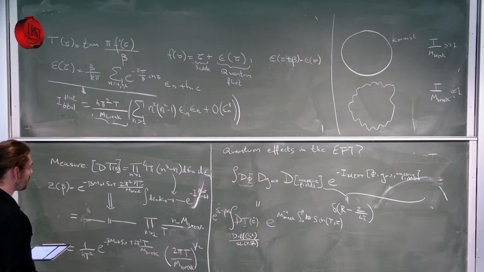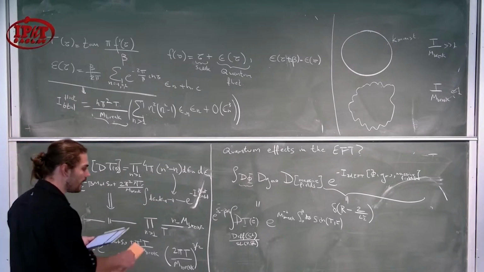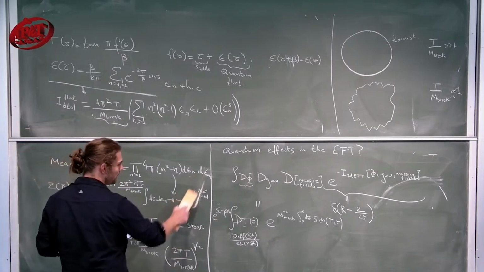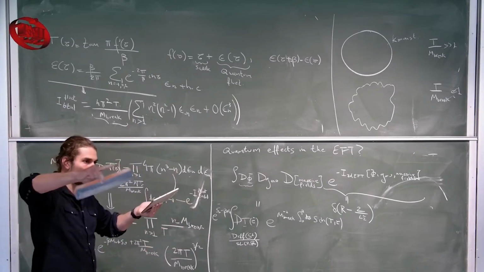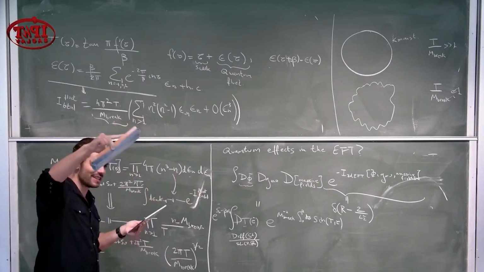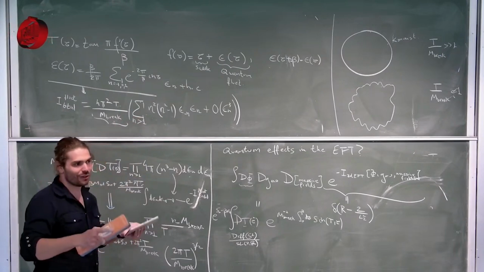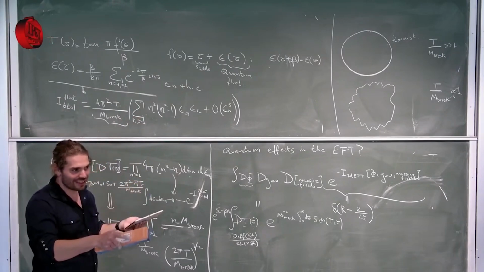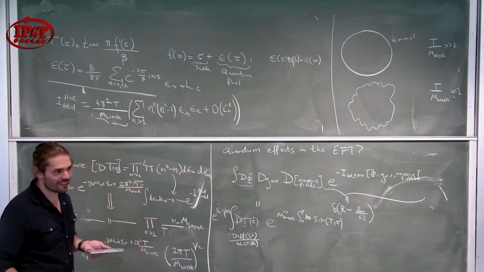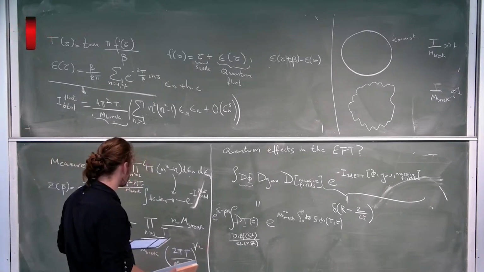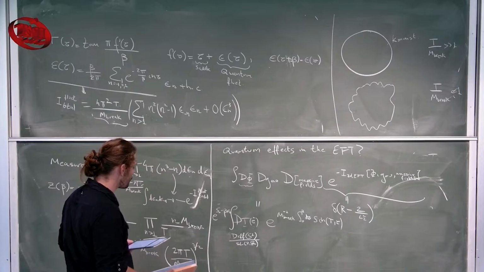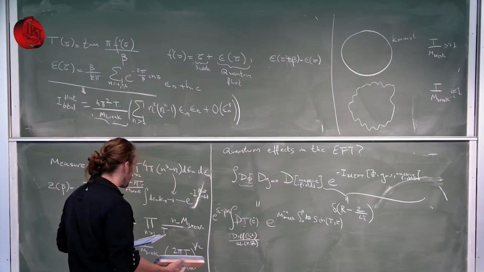Here, when you consider the Gaussian integral, there's no constraint because even if you fluctuate it a little bit, the circle still doesn't leave the K greater than 1 space.